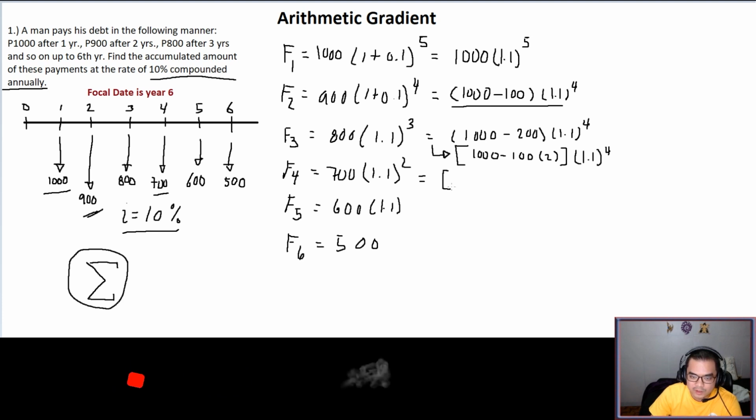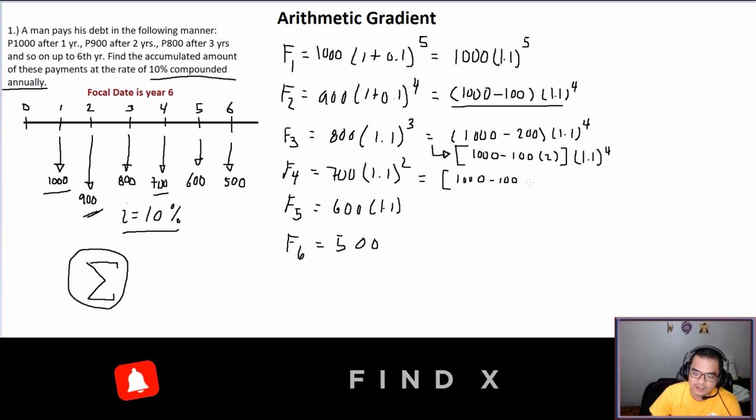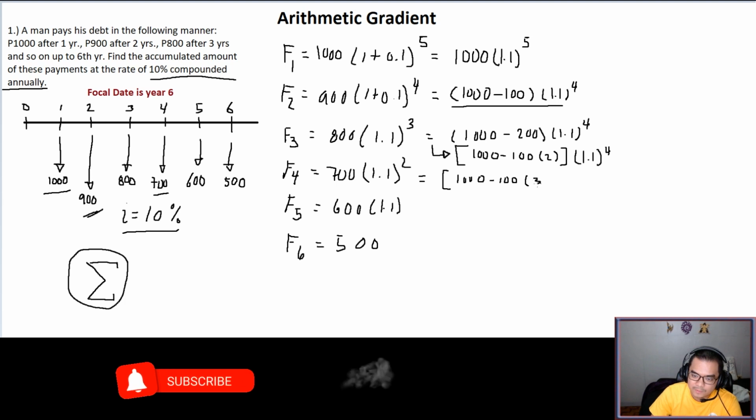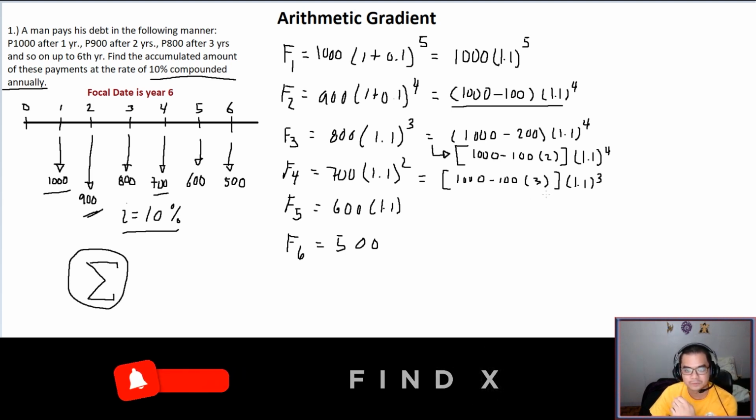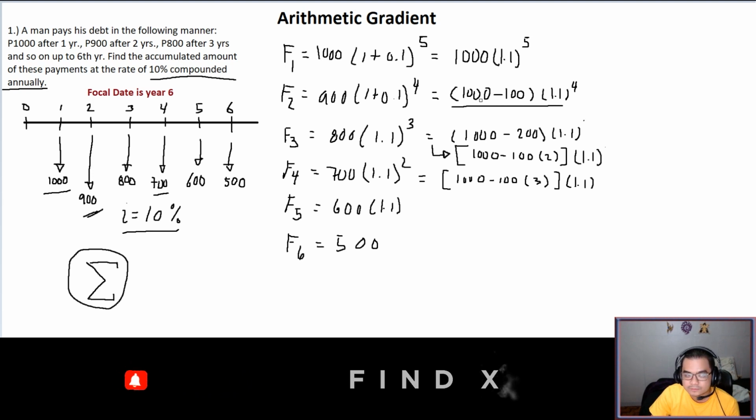So this one, we can rewrite this as 1000 minus 100. To make it 700, we have to subtract here 300, right? So this is times 3 raised to 1.1 raised to 3. Oh, sorry. So this must be 3. Sorry about that.